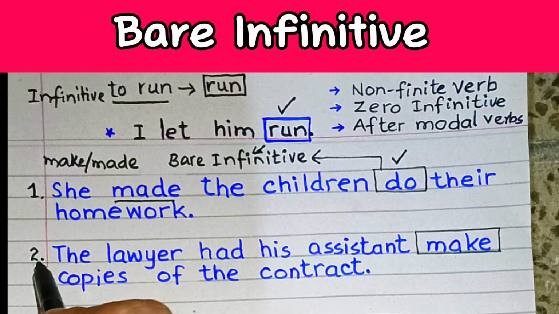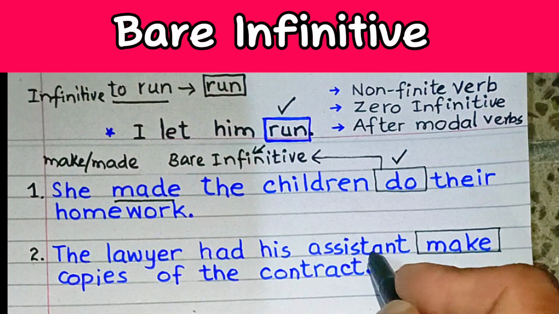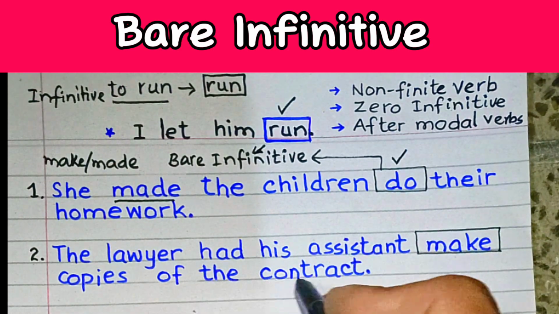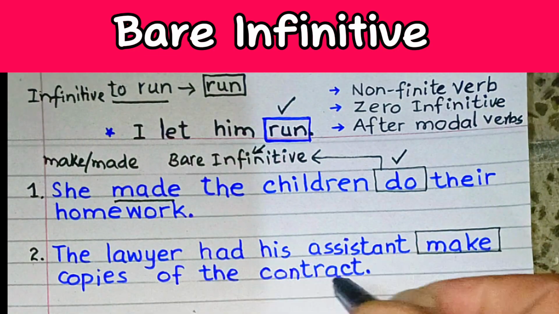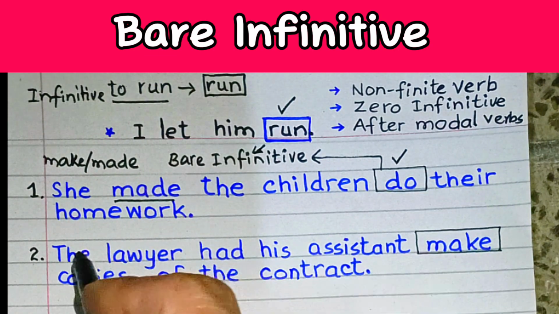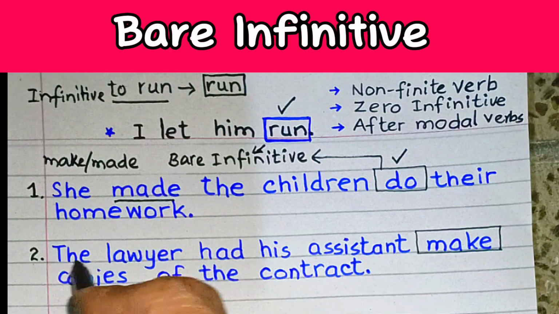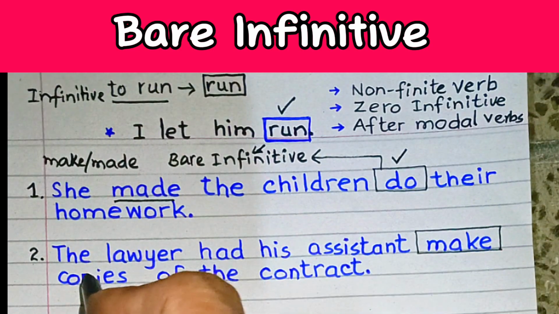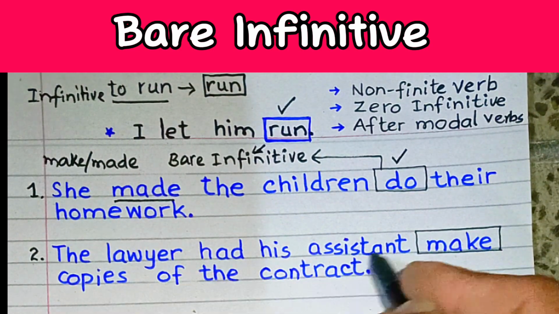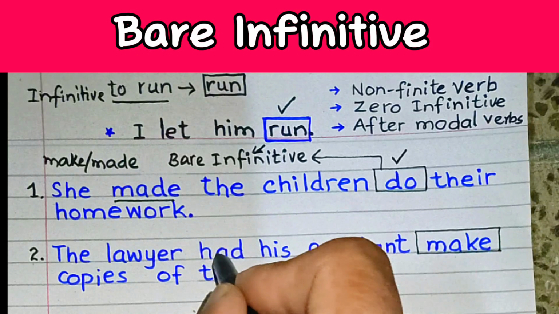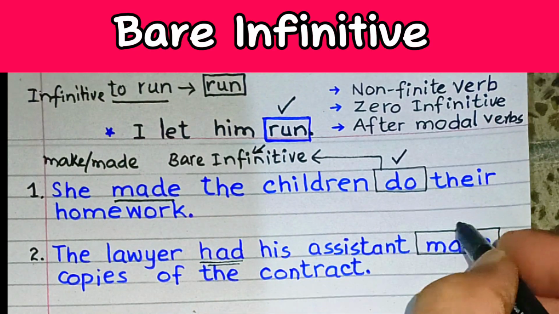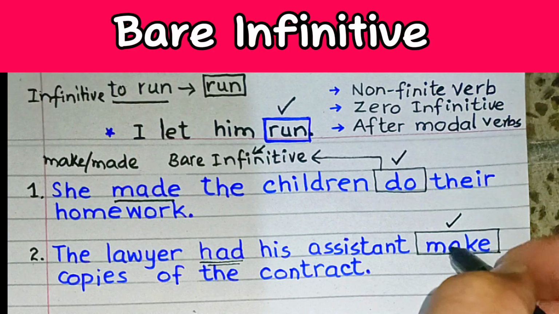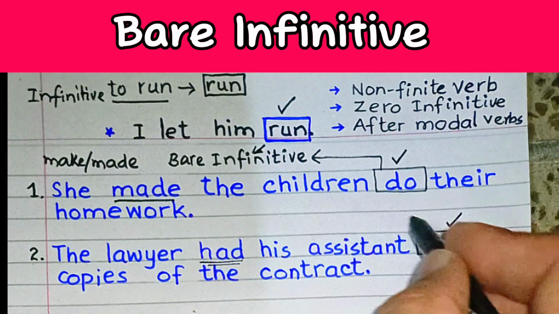Now sentence number 2. The lawyer had his assistant make copies of the contract. Over here we can see that the word had and the word make have some connection.